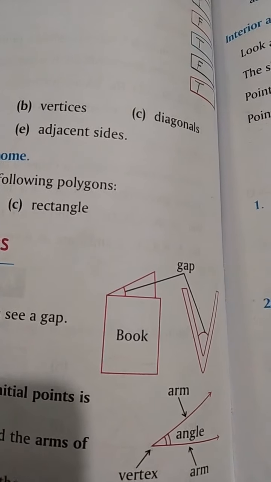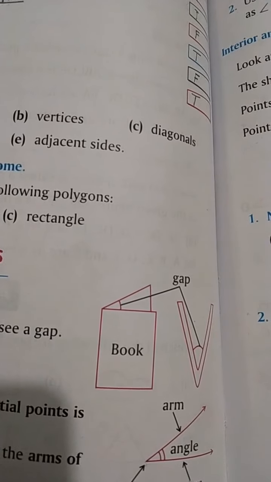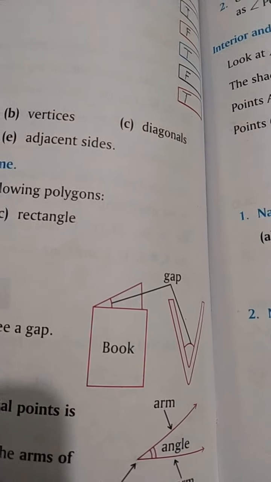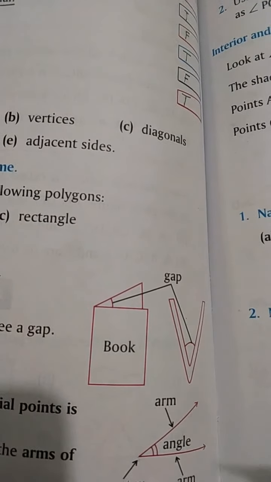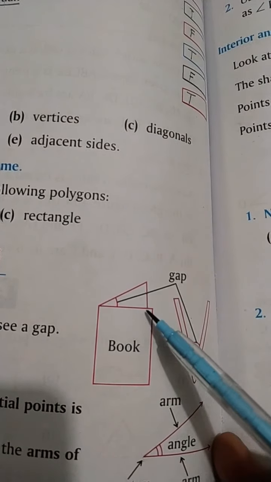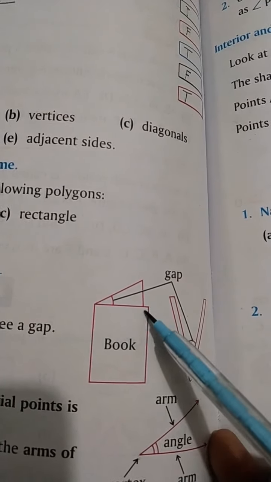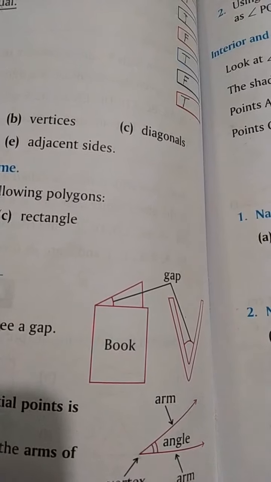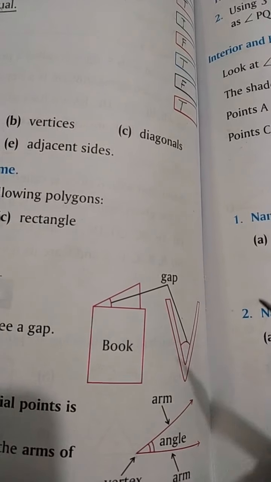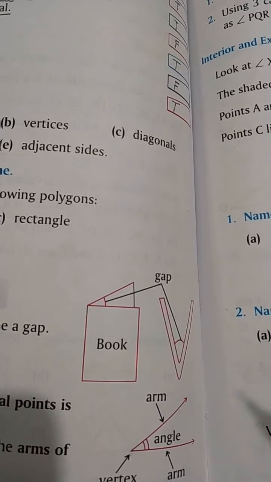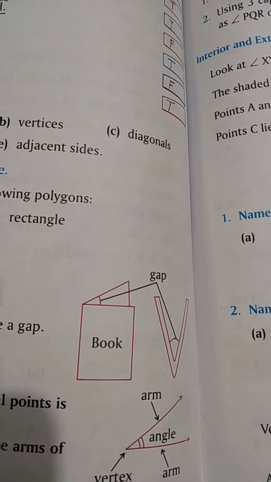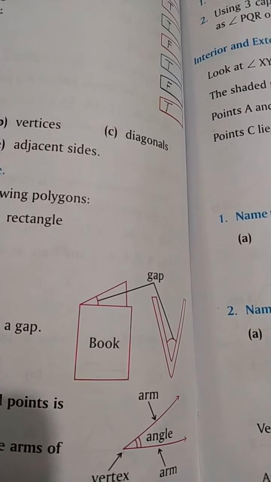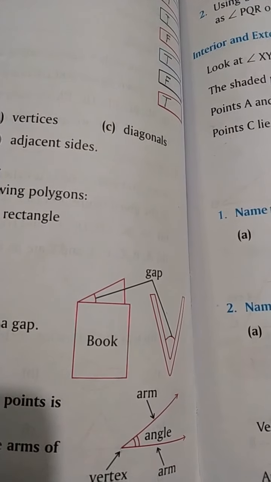There are many examples in our life which show angles. For example, when a book is open, that open book makes an angle as you can see here, right? Opening of a door, corners of a wall or your board or your bed or your pencil box.